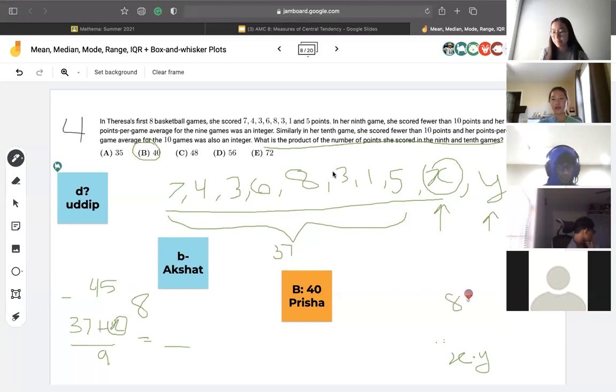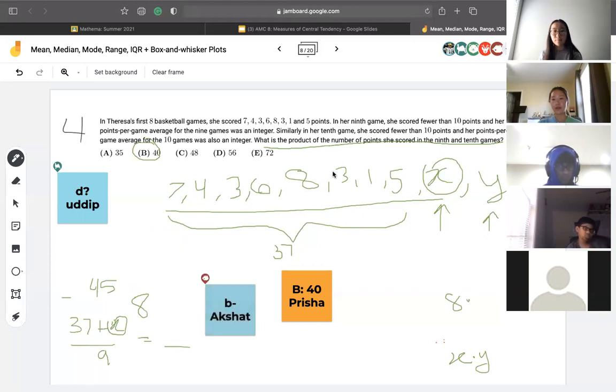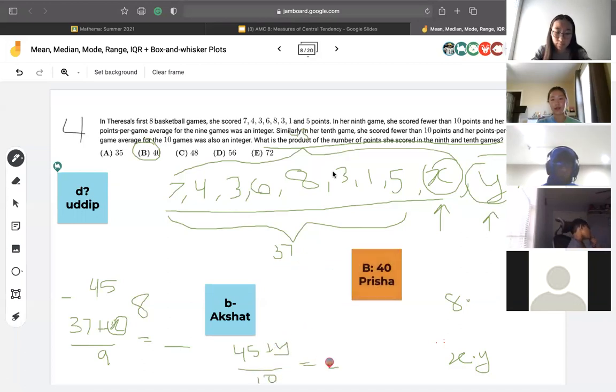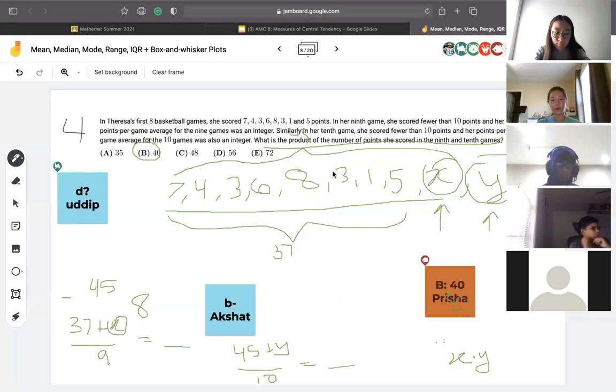So now to find y, we just do something very similar. We know that the sum of these 9 numbers is 45. And we know that 45 plus y divided by 10 has to be some kind of integer. And our next biggest multiple of 10 is 50.